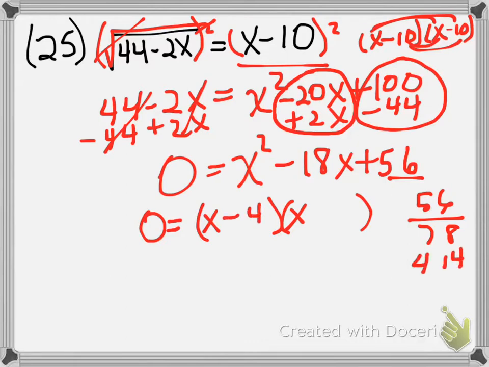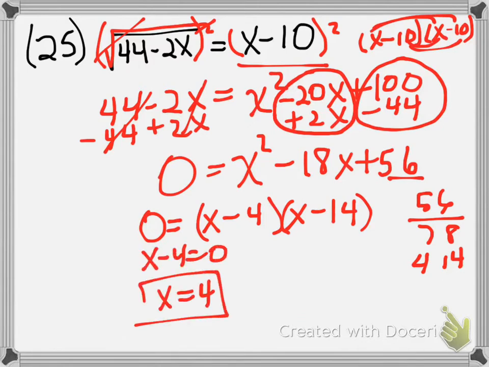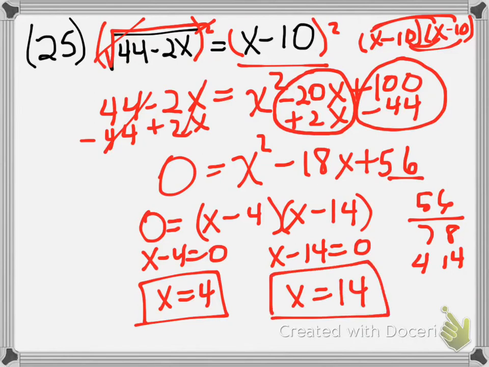So if I did minus 4 and minus 14, I would get 56. If I have x minus 4 equal to 0, I get x is 4. And if I have x minus 14 equal to 0, I get x equals 14. And so there I have my solutions.